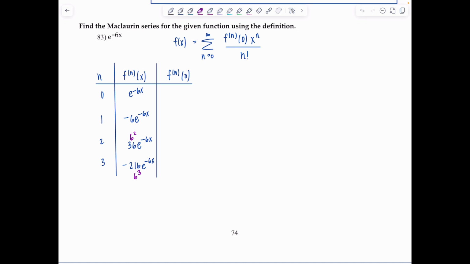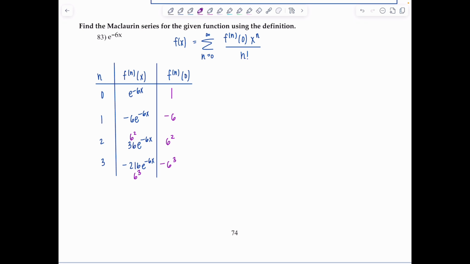So this will be 1 if I substitute in 0 for x. This will be negative 6. This is going to be positive 6 squared, negative 6 cubed, like that. It's going to help me out a little bit. So then let's start listing out the first few terms.